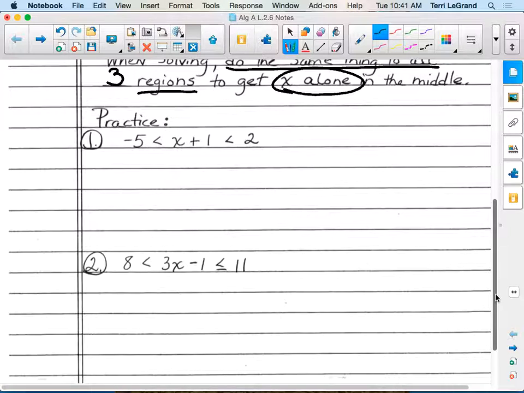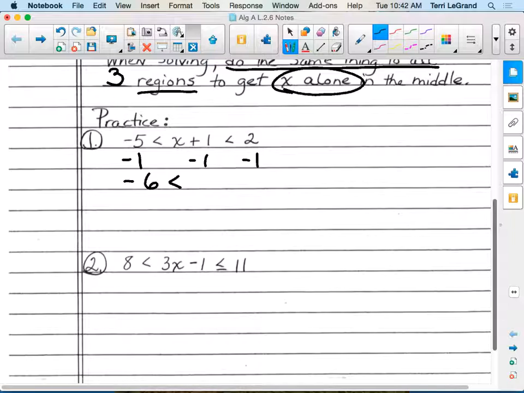So what are we going to have to do to all three regions to get x alone? Subtract 1. That's how we will get x alone. If we do it there, we have to do it in the other regions also. We have to do it in all three regions. Okay, what's -5 subtract 1? -6 is less than.